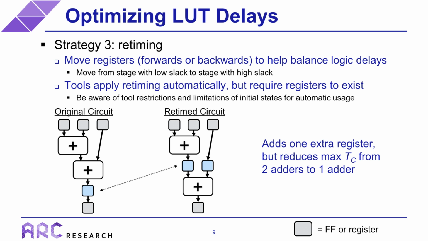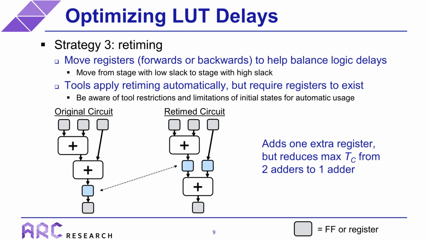Automatic retiming can take care of that for you. Now, before you start thinking that automatic retiming can solve all of your timing problems, you need to be aware of some tool restrictions. Now, it's outside the scope of this talk to explain all the details of how to use retiming, but there are situations where manual retiming will do better than automatic retiming, and vice versa.